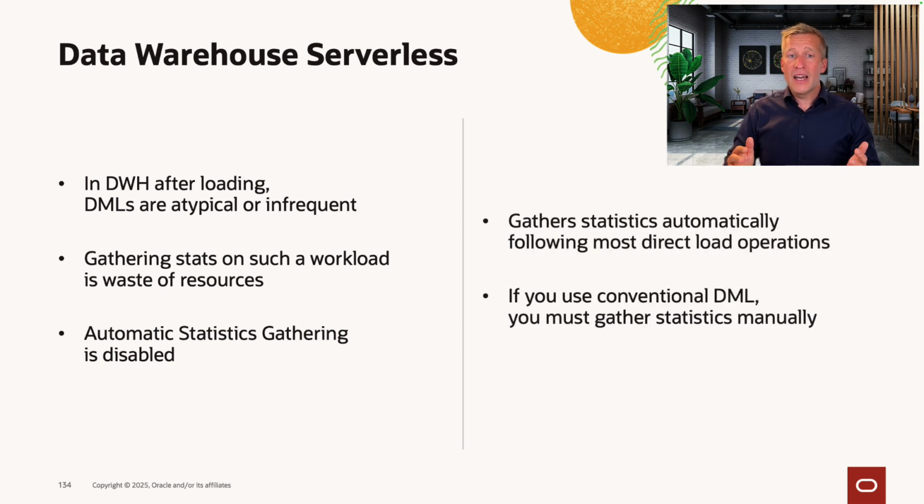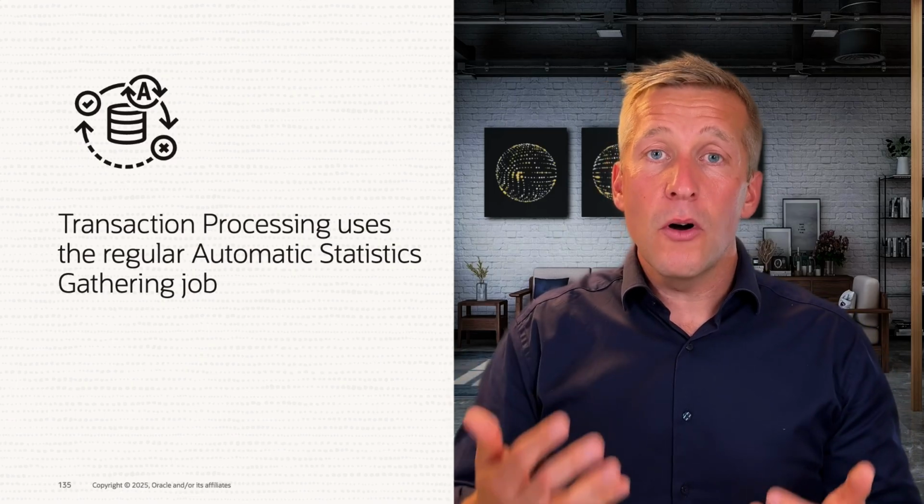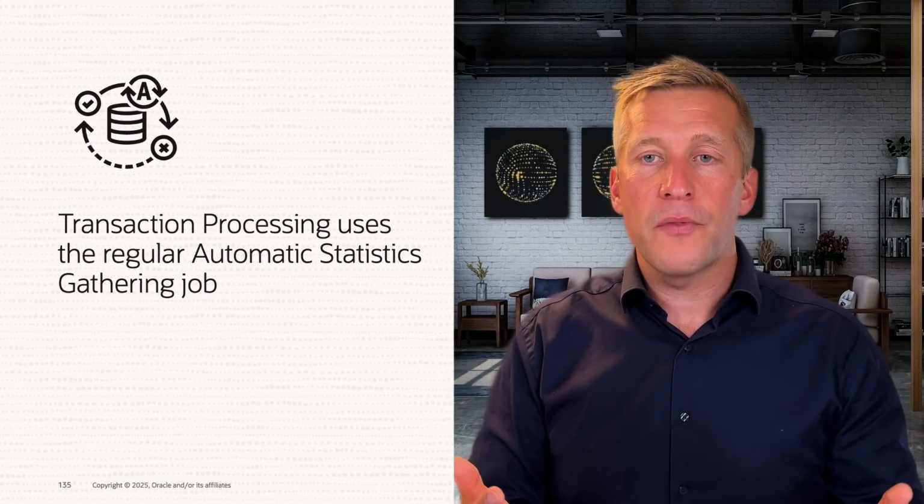In contrast, after your direct load operations, the database itself will regather those statistics when needed. So you don't have to worry about it. We will take care of that during loading. But if you then do some conventional DML, well, then you need to gather statistics on those affected objects. In transaction processing, you have a typical OLTP workload, so a lot of DMLs.